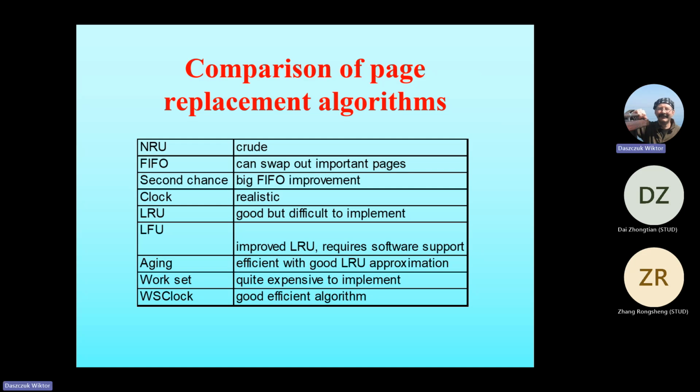This table is taken from Tannenbaum. And I think it is an example of how an engineer should not compare entities. Because looking at this table, how can I judge if realistic is better than good efficient algorithm or worse?